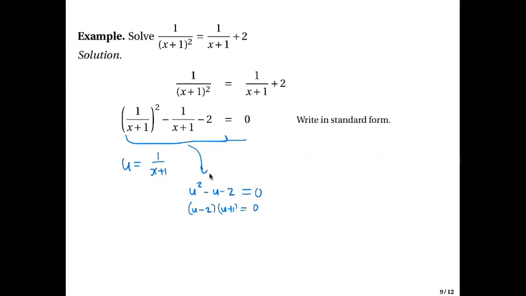And then you bring back the original variable, x. More precisely, u equals 1 over x plus 1. So here you will have (1 over x plus 1 minus 2) times (1 over x plus 1, plus 1) equal to 0.